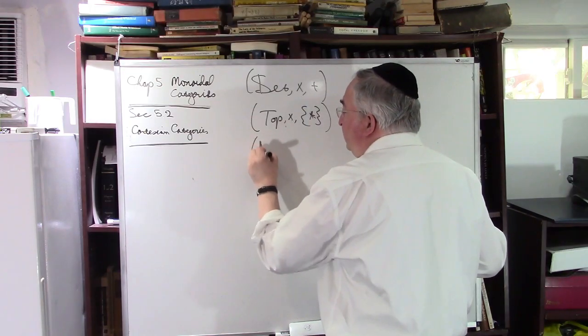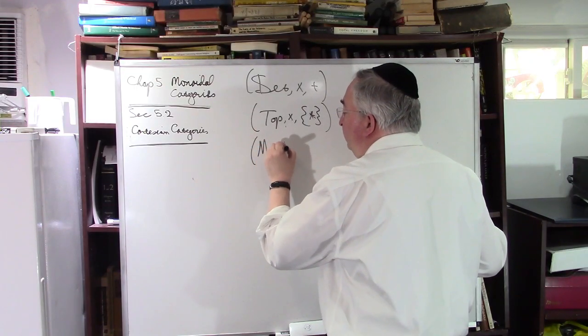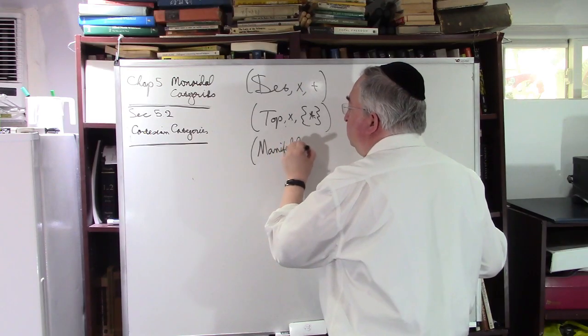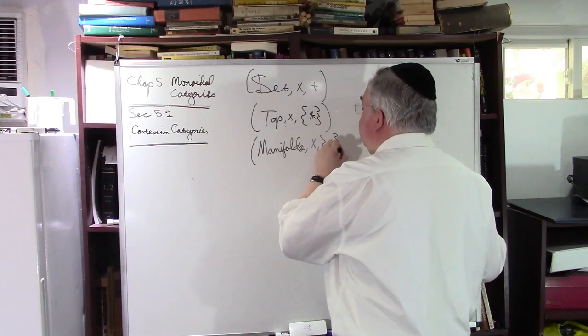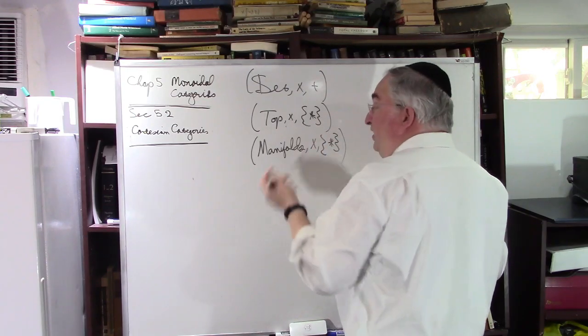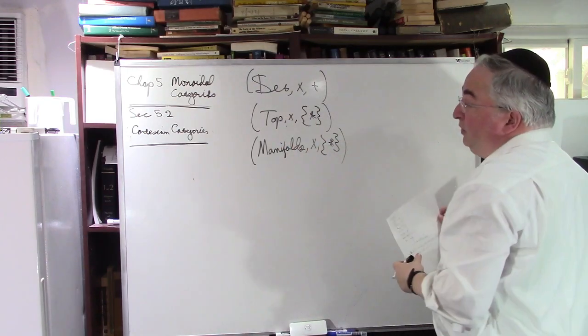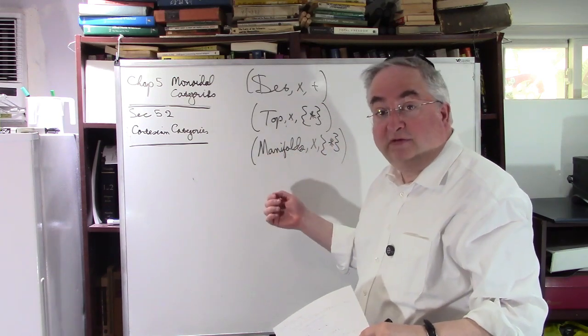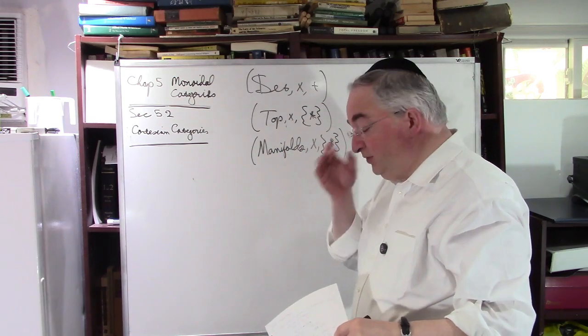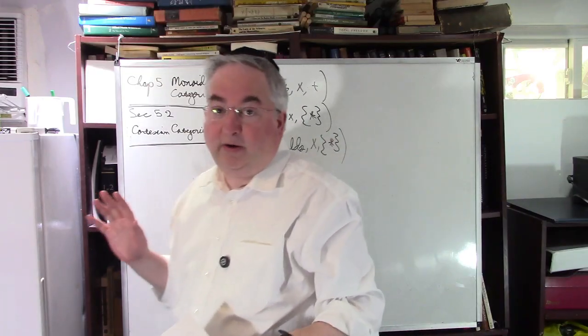Let's talk about something else. Manifolds. Again, Cartesian product. Again, the terminal object. Again, for both of these, we don't talk about it, but the Cartesian product is not strictly associative. They satisfy these isomorphisms. Now, there's more to show here.